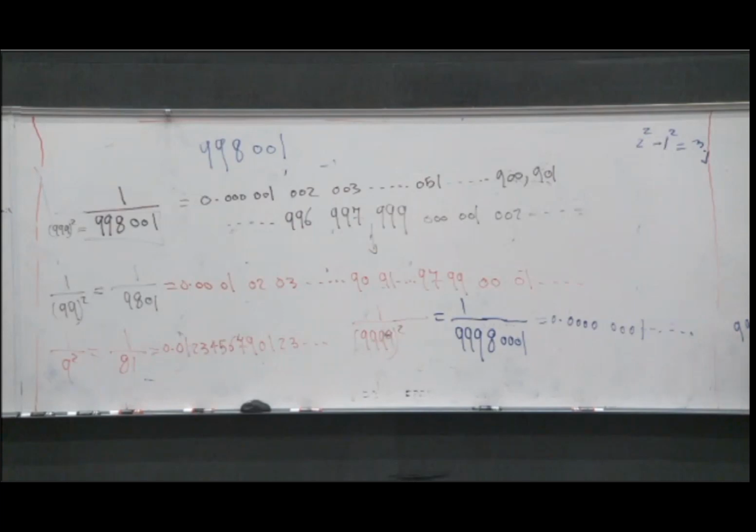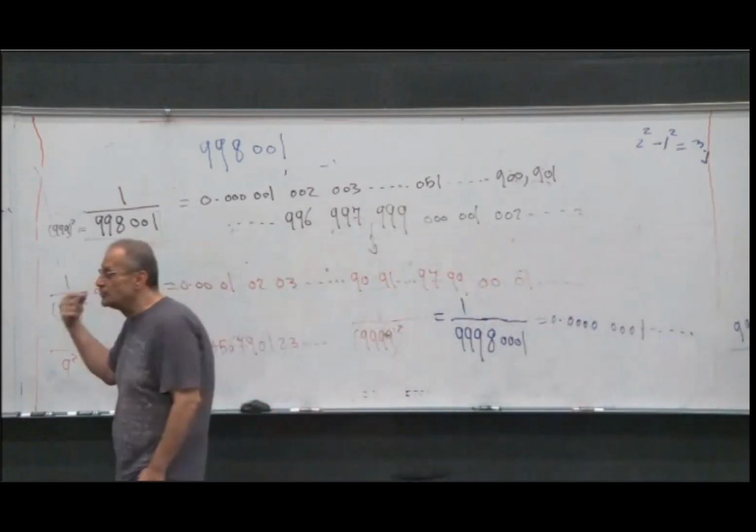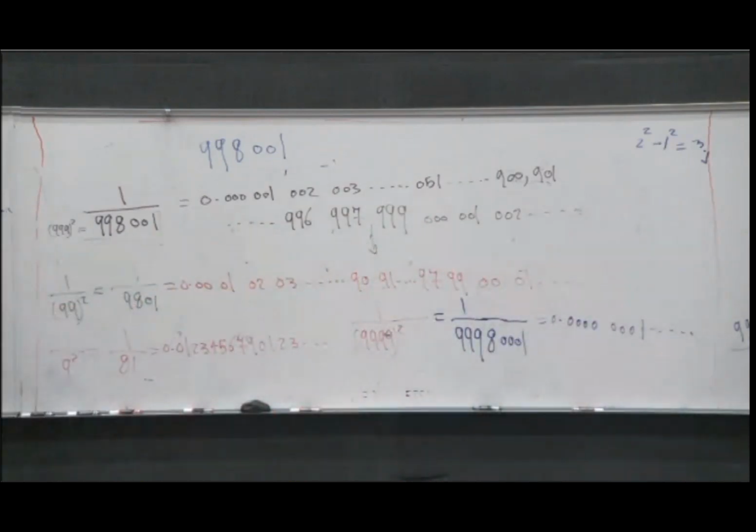You skip what? 9, 9, 9, 8. And then will be 9, 9, 9, 9. Yeah. And then repeat. So you get the trick of how you do these things.